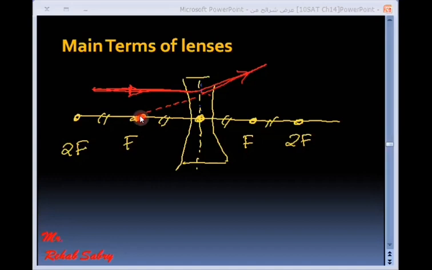The other rays, let's make one with yellow. If one is falling through the optical center, it will go straight.